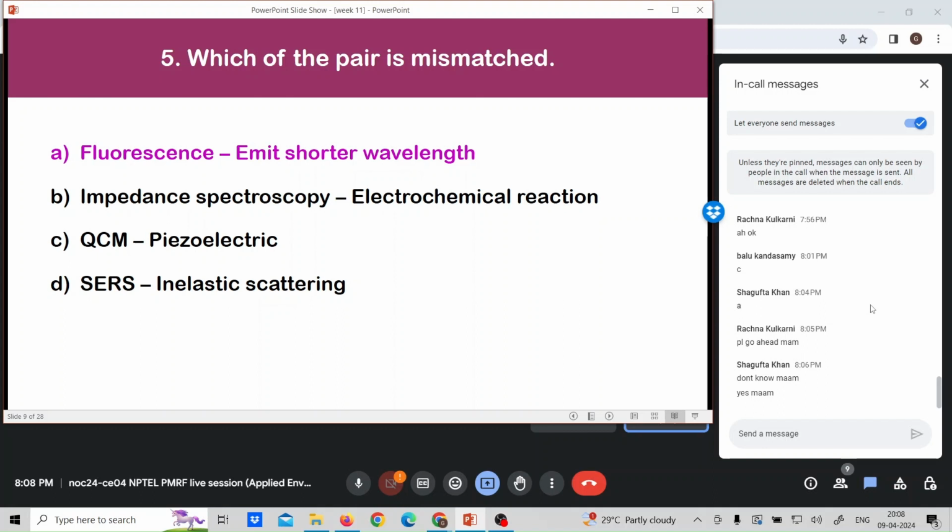I think it also had SPR, which is surface plasmon resonance, and SPM, which is scanning probe microscopy. I saw all these terms in the lecture PPT that was shared along with the lecture. Okay, with that, we'll go to the next question.